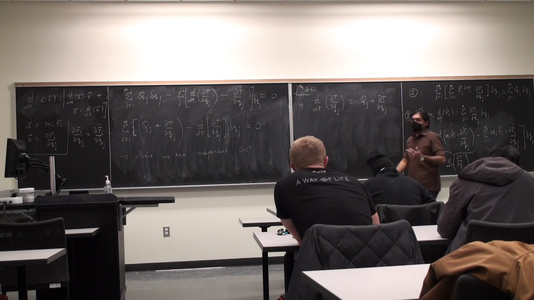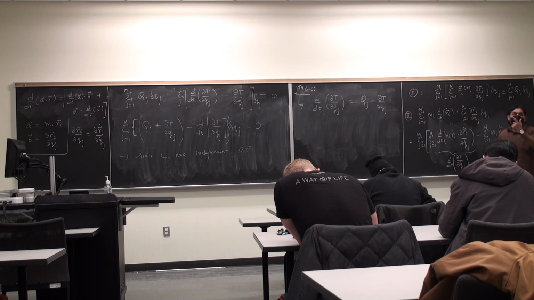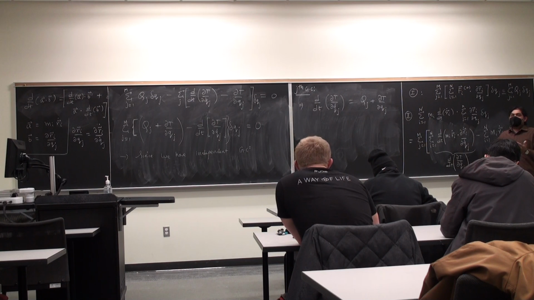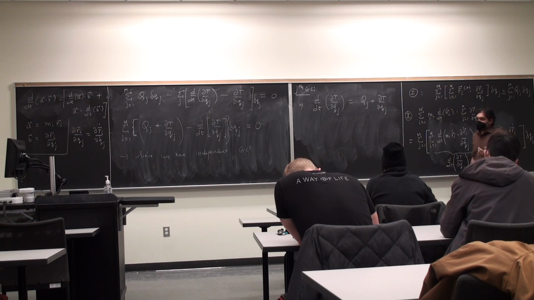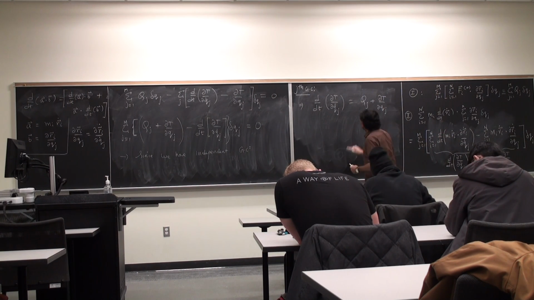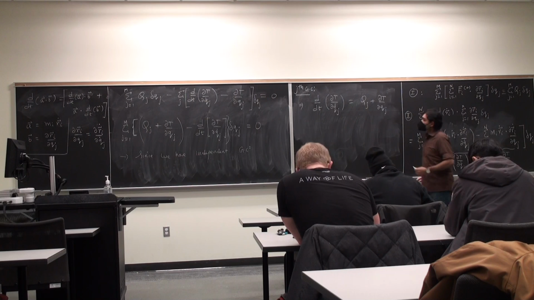If you have a simple pendulum, you're going to write it once, because there's only one generalized coordinate, theta. If you have a double pendulum, you're going to write it 2 times, because j is equal to 1 and 2, theta 1 and theta 2. Now this still doesn't look like the Lagrangian equations that some of you may know, so we have to do a few more things.